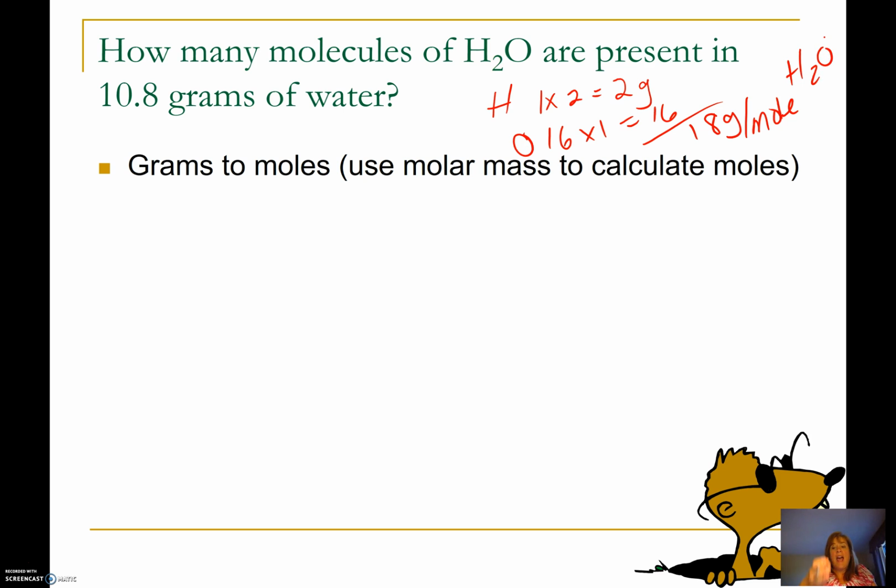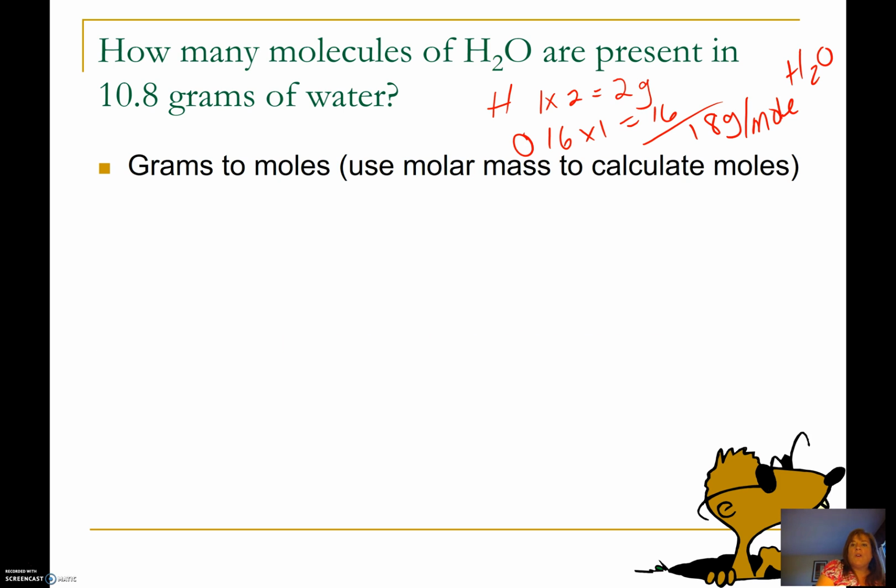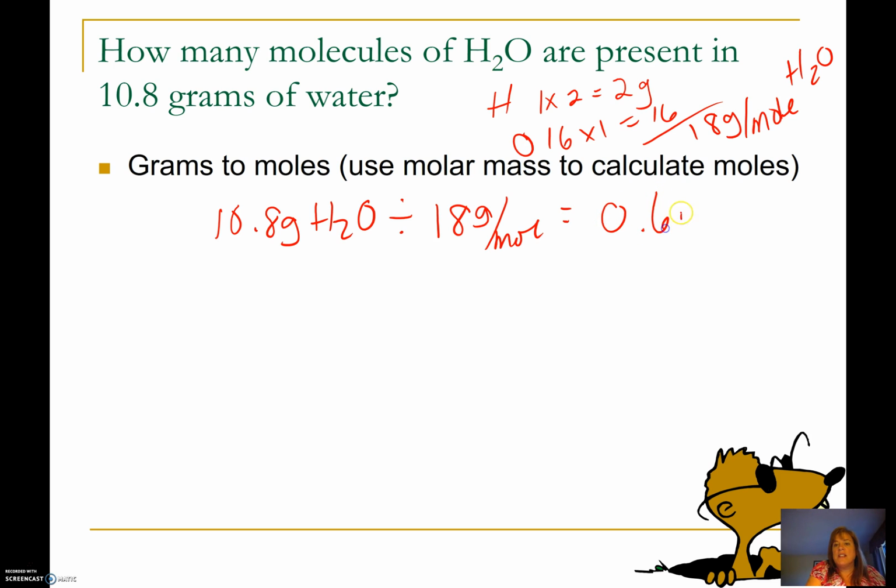All right, so when I have grams and I'm going to moles, I divide. So we're going to take our 10.8 grams of water and divide by our molar mass, our conversion factor, 18 grams per mole. And when I do that, I get 0.6 moles of water.